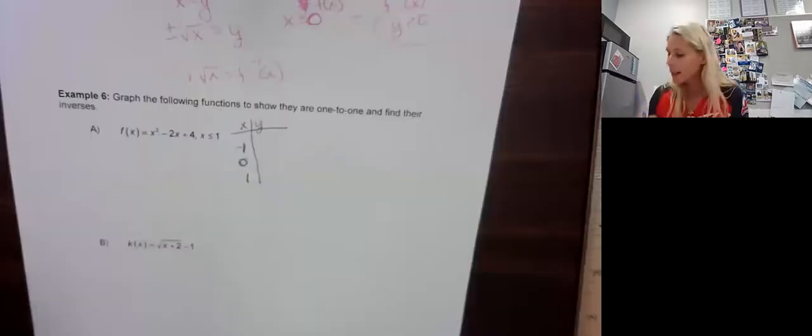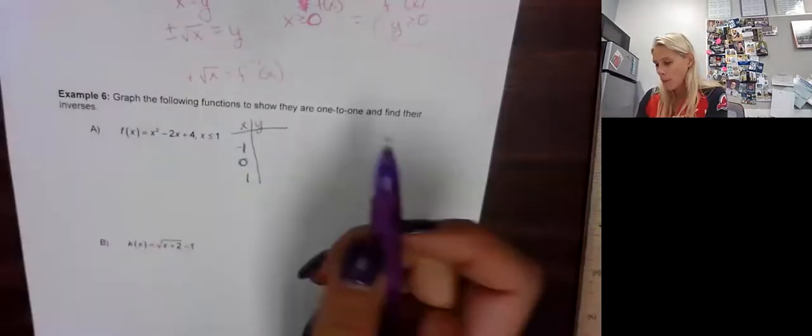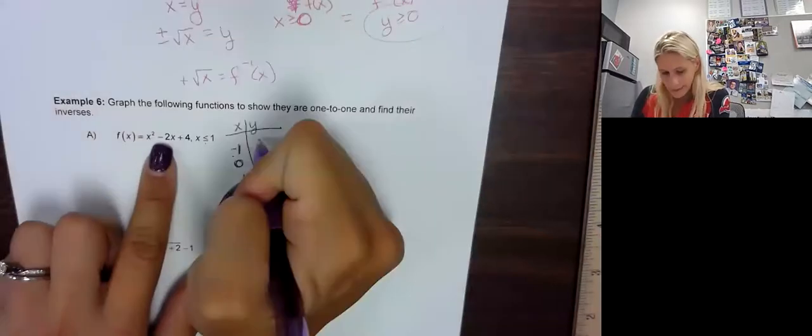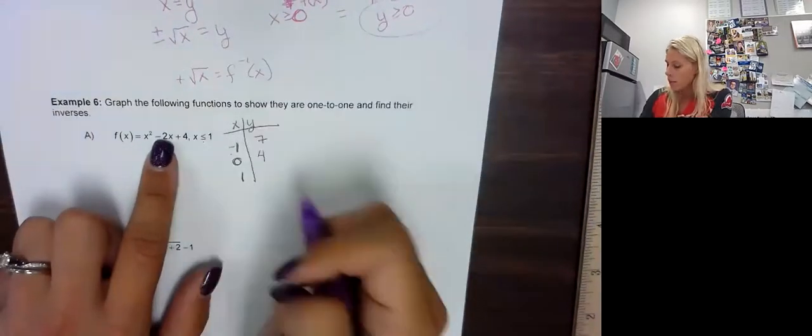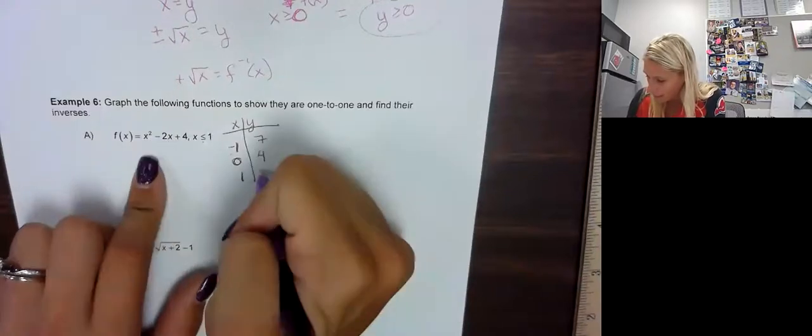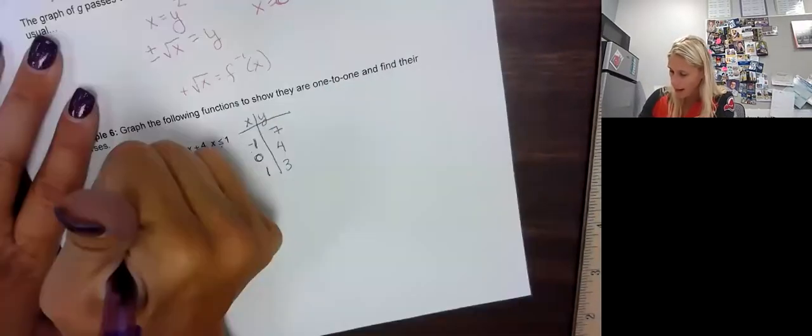Now, you're going to plug that in your calculator or do it in your head, one or the other. But when we plug in -1, we get 7. Plug in 0, we get 4. Plug in 1, we get 3. Okay, now I'm going to graph it.